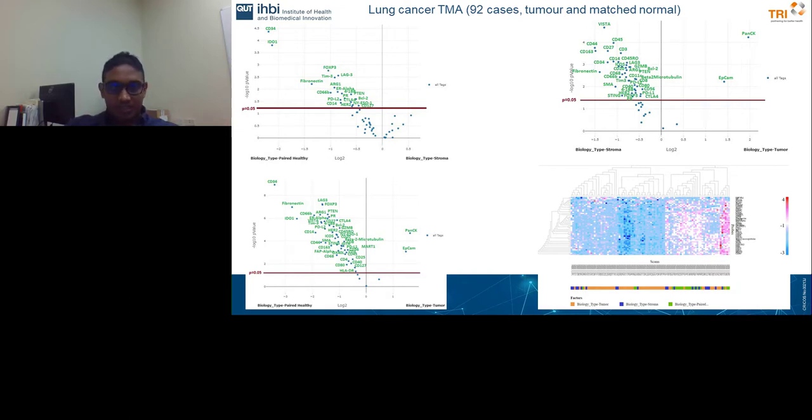And VISTA comes up again when you compare the tumor versus the stroma, CD44, CD45. So there are a number of markers here that are highly significant that we're trying to look at in greater depth. And at the bottom, that's just a heat map comparing the tumor, the stroma, and the matched paired normal.